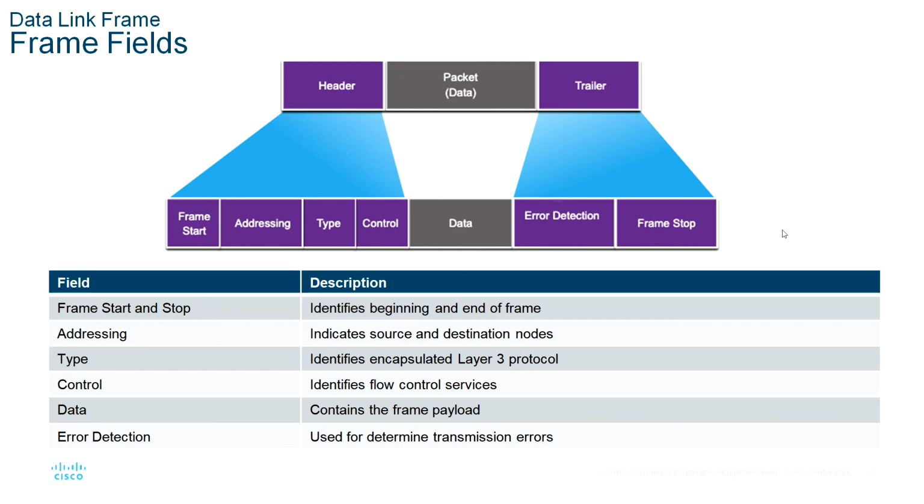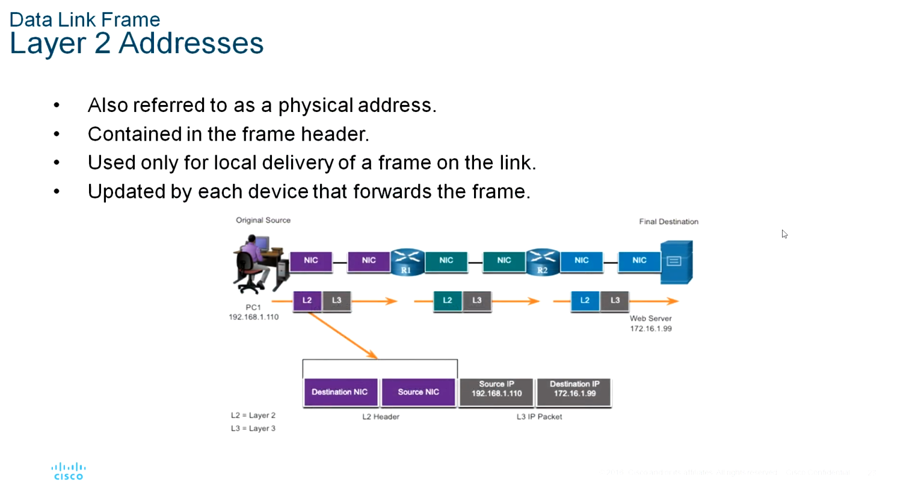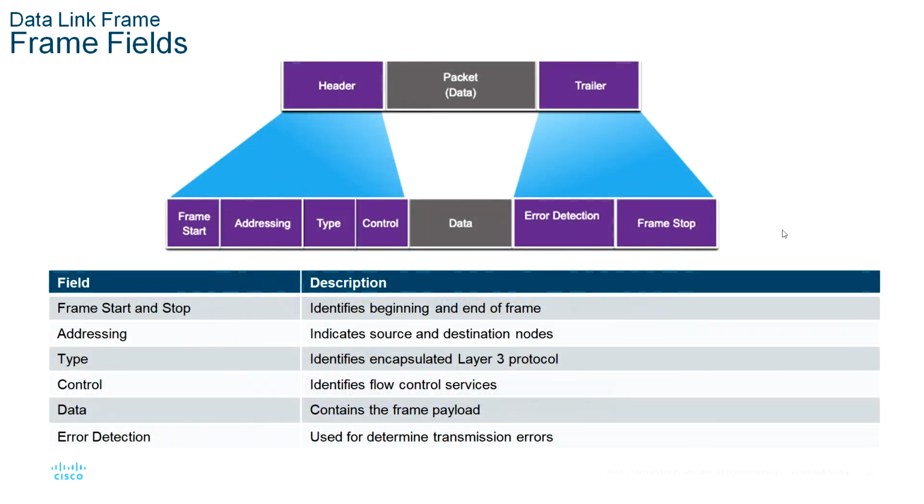A transmitting node creates a logical summary of the contents of the frame, known as the cyclic redundancy check, CRC, value. This value is placed in the frame check sequence, FCS, field to represent the contents of the frame. In the Ethernet trailer, the FCS provides a method for a receiving node to determine whether the frame experienced transmission errors.